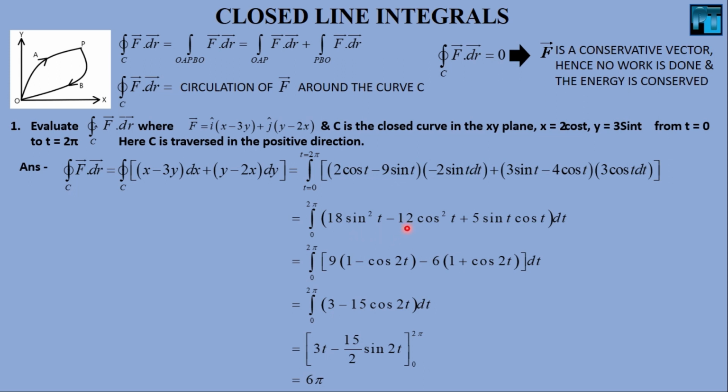Or for this 12 cos square t, this is 6 into 2 cos square t, that means 6 into (1 plus cos 2t). And this one, 5 sin t cos t, is a standard integral: from 0 to 2 pi, sin t cos t is always 0.